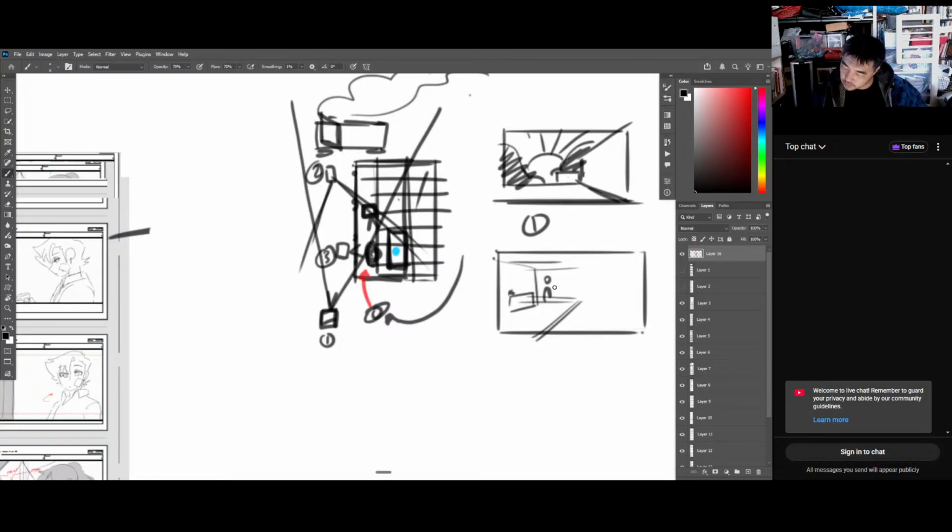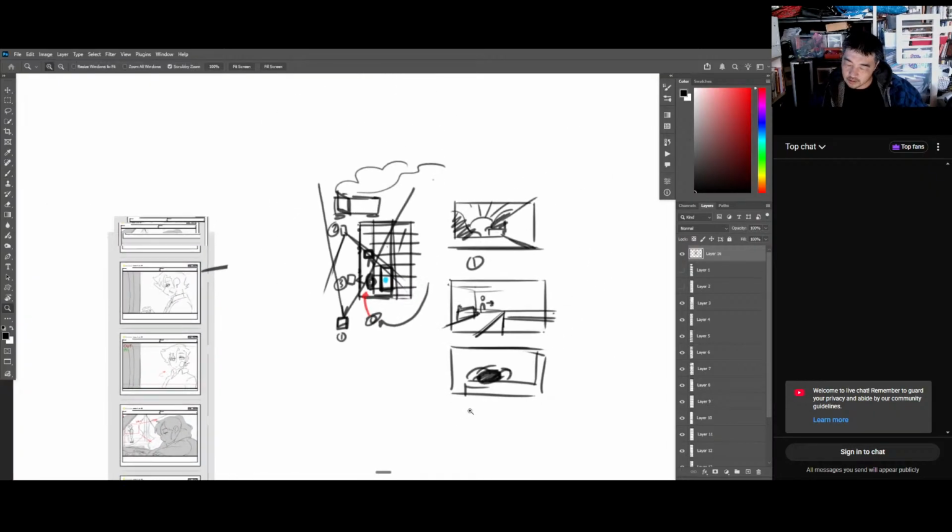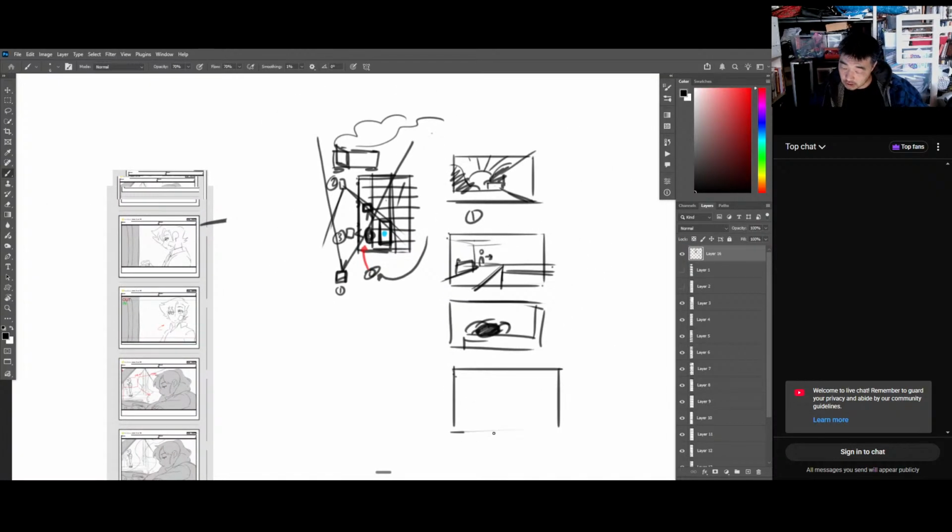And this person comes through this way like that. And then we have 3, which is right on here to that little rock thing. And then we have 4, which is this profile shot on him right here.